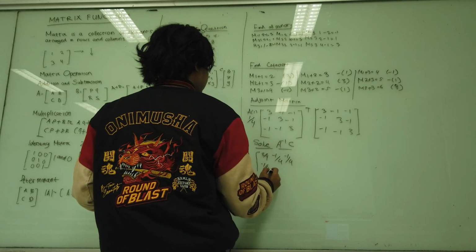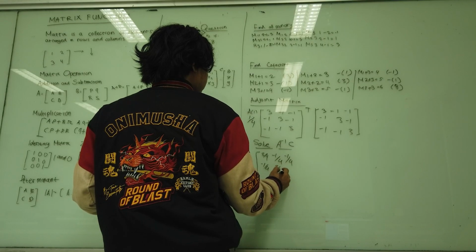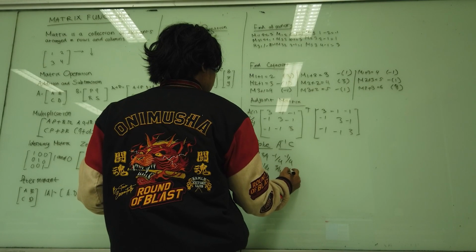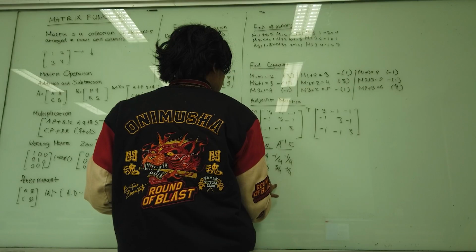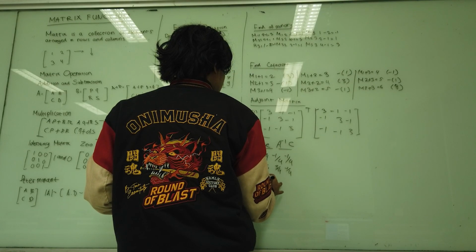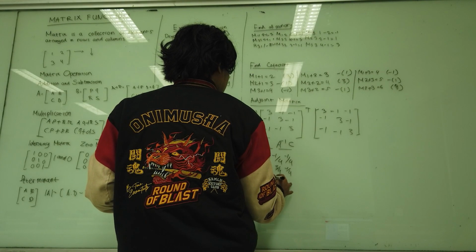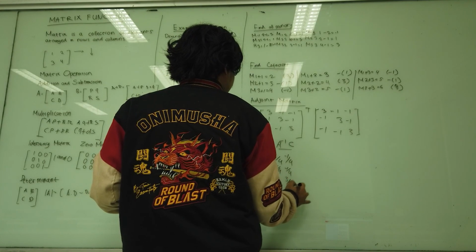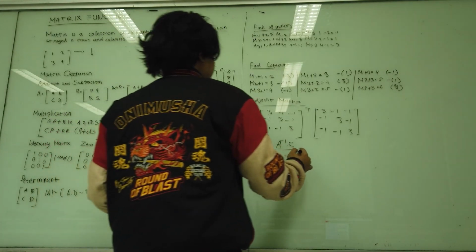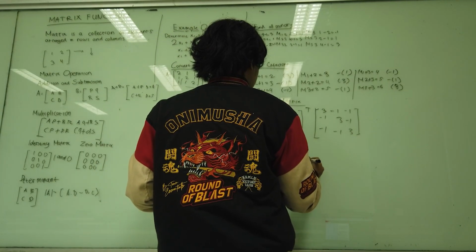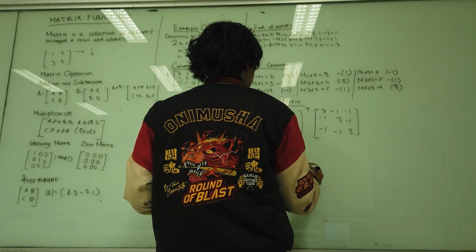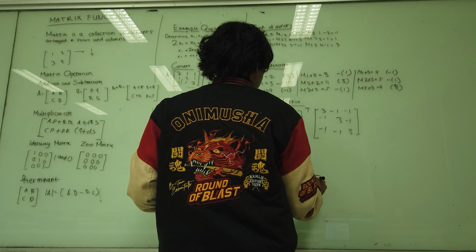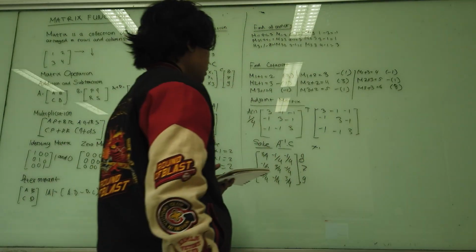Again, the same thing. 3 per 4. And 3 per 4, lastly. Multiplied by C, which is 8, 7, and lastly, this is 9.